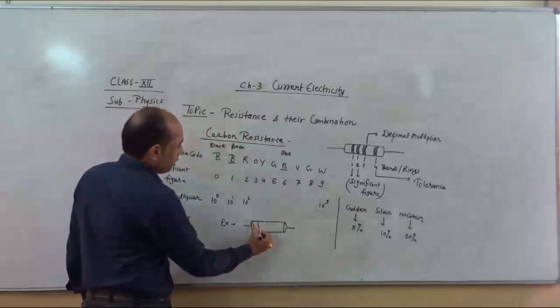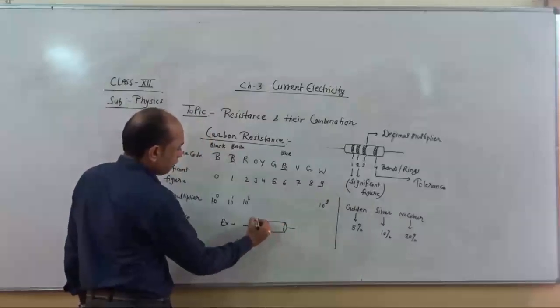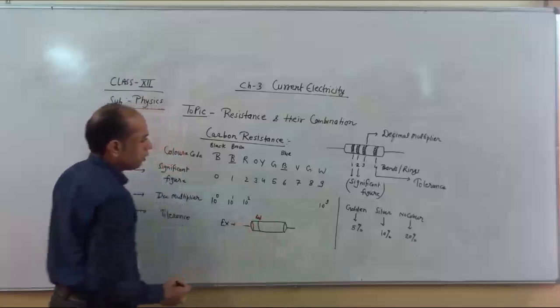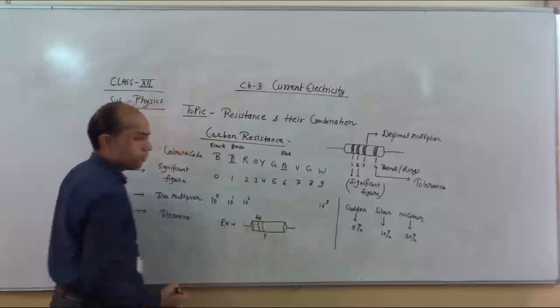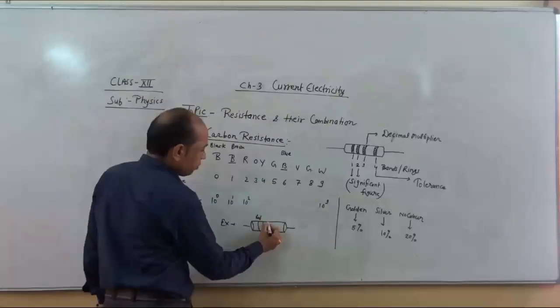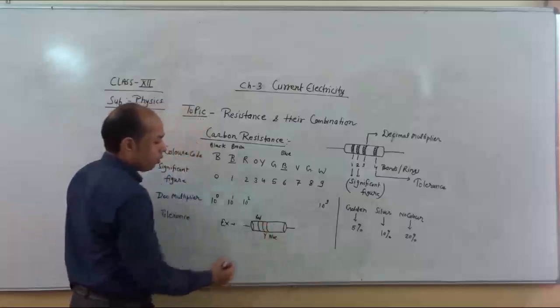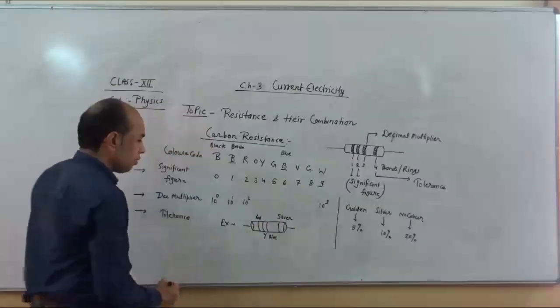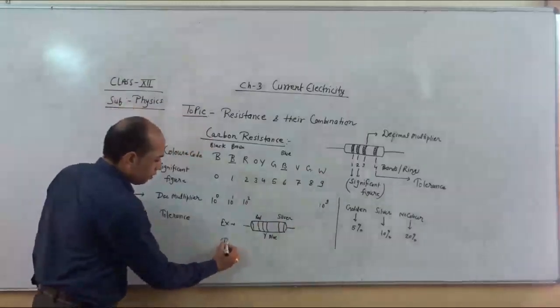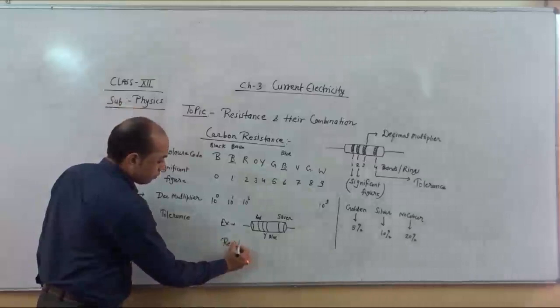The first band is red, the second one is yellow, the third one is blue, and the fourth one is silver. We have to calculate the value of resistance for this.